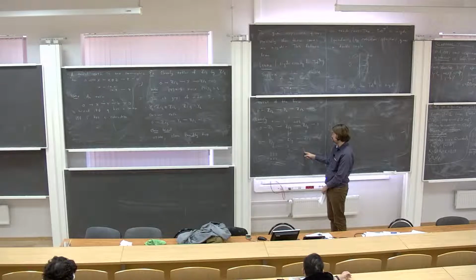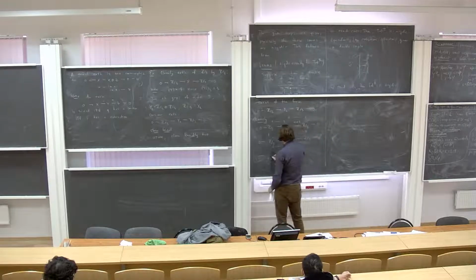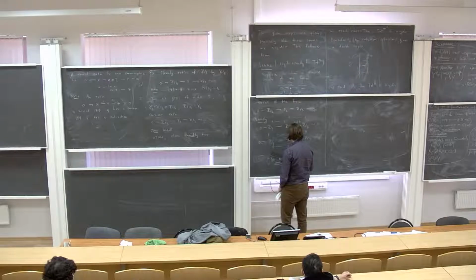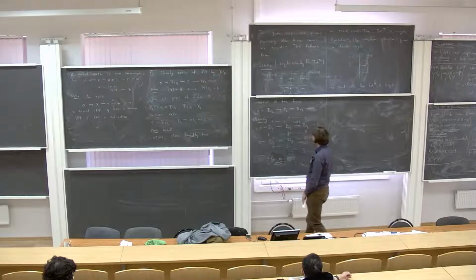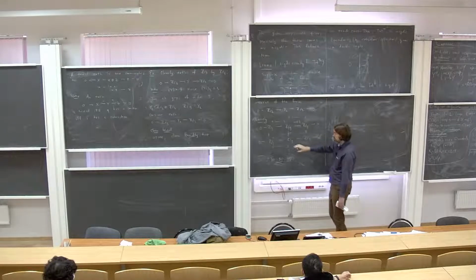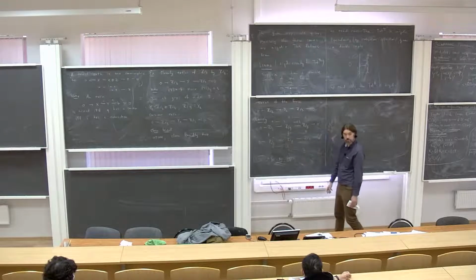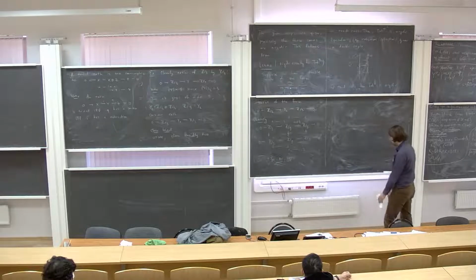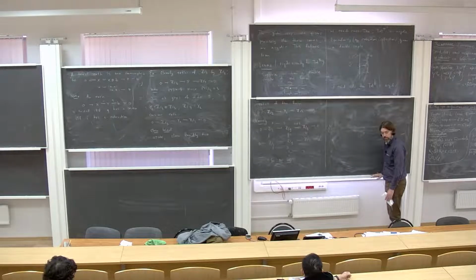Okay, so indeed, it looks like there's no isomorphism between these two, even though they look very similar. They're isomorphic as abstract groups, but not as extensions, not as short exact sequences. So this is kind of a subtle point.